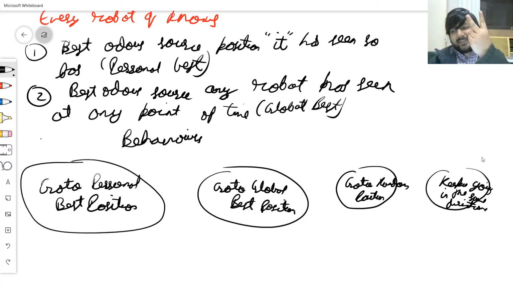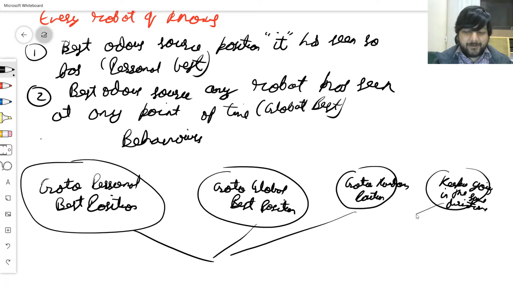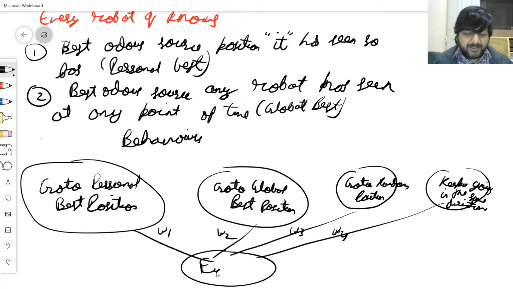Obstacle avoidance is one behavior, attraction, goal seeking, another behavior, and you take a weighted addition of them. And here, that's what I do. So I say W1, W2, W3, W4. I take a weighted addition of all the four behaviors, and this is my final behavior, where W1, W2, W3, W4 are random weights.